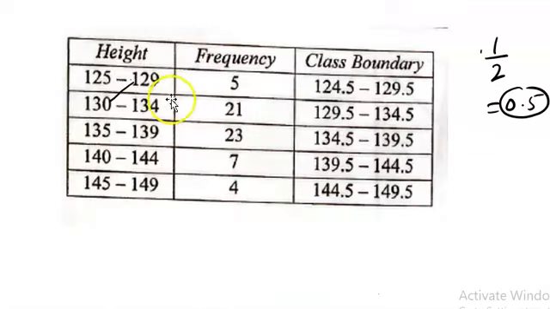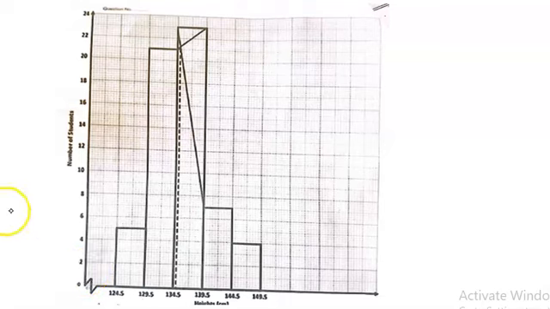So looking at the frequency, we choose an appropriate scale. If you make 2 centimeters to 2 units, that will be enough to cover all the intervals. So 2 centimeters is the bigger box. Every bigger box, we are using 2 units to represent it. Now you see this break symbol here.